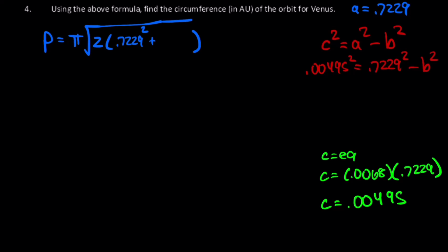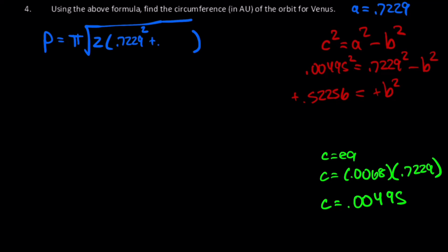So I'll just subtract 0.7229 squared from both sides. I end up getting negative B squared equals negative 0.52256, and obviously just make those both positive. So now that is B squared. I'm not going to square this. I'm just going to take this value and plug it in right here.